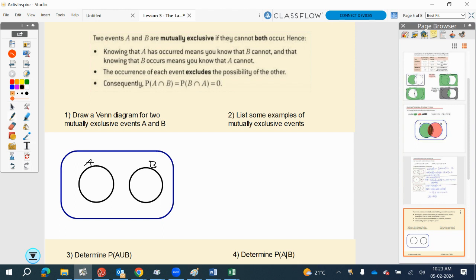Can you brainstorm an example of two events that could be mutually exclusive? You have to be more specific. You have to give more information. IB AASL and IB AISL.